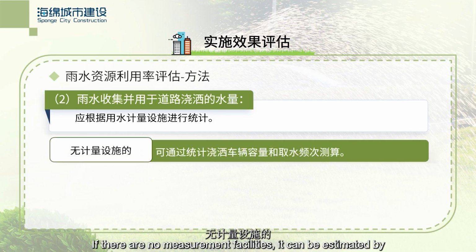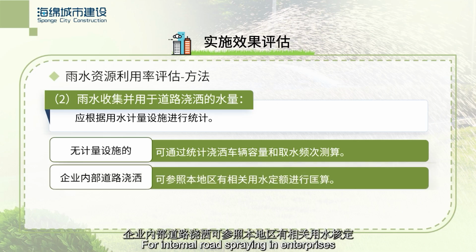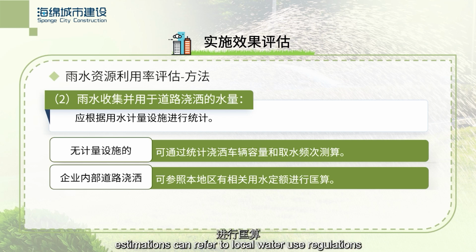If there are no measurement facilities, it can be estimated by calculating the capacity of spraying vehicles and the frequency of water withdrawal. For internal road spraying in enterprises, estimations can refer to local water use regulations.